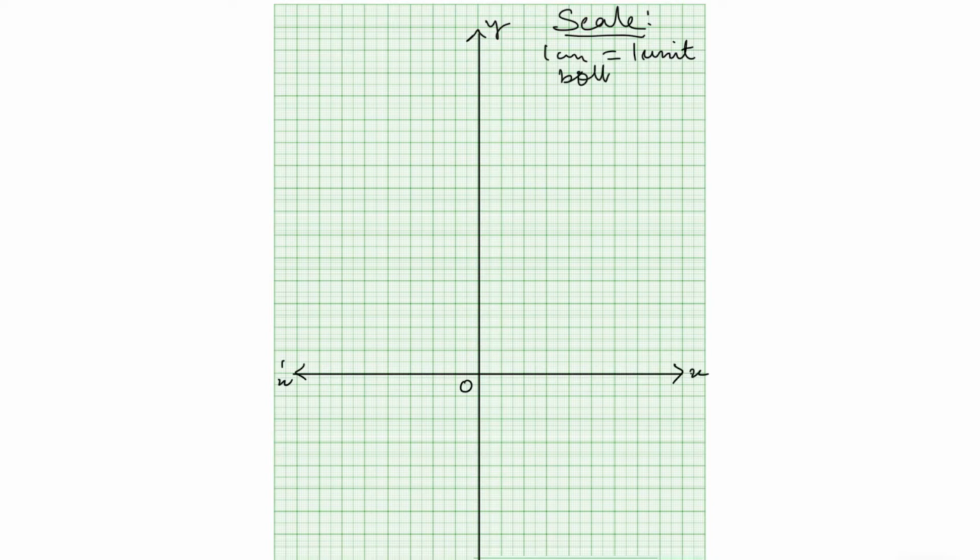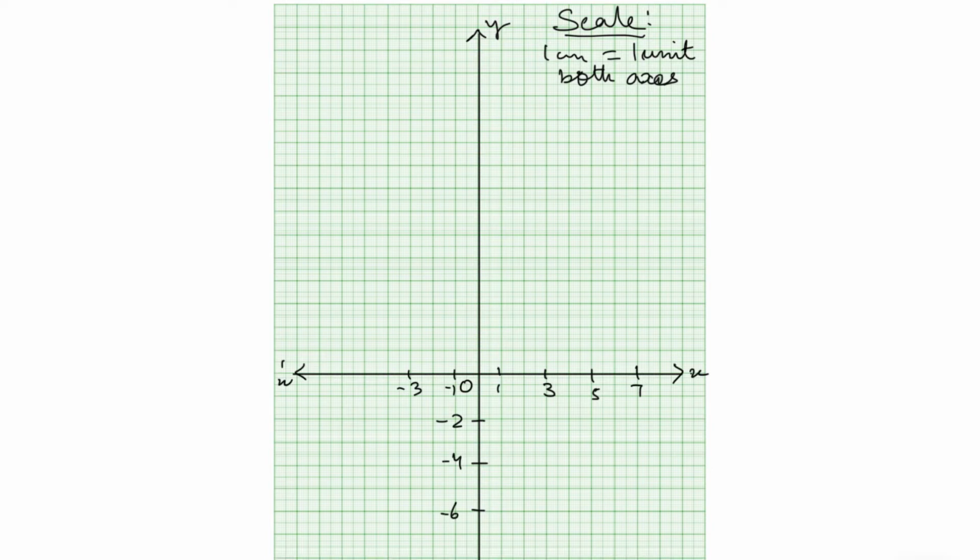That I can do for both axes, right? Now we have this as 1, 3, 5, 7. This would be minus 1, minus 3, and so on. Then this side would be minus 2, minus 4, minus 6, and so on.